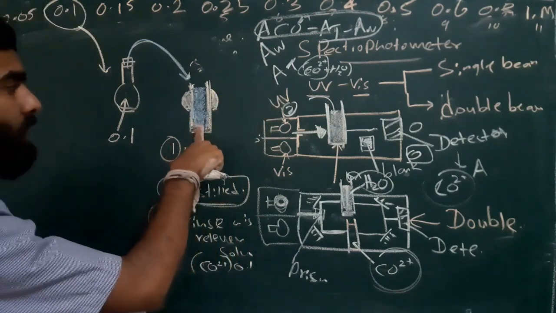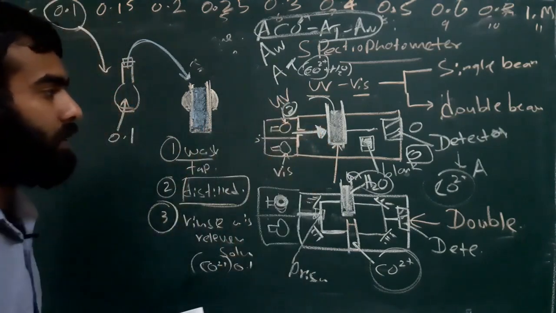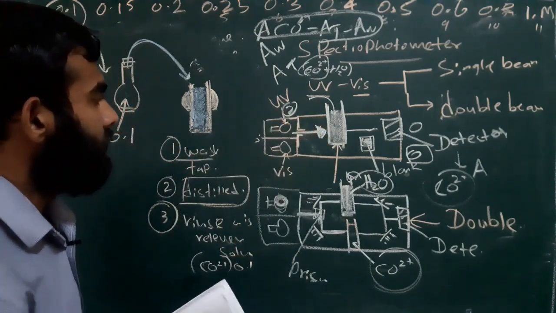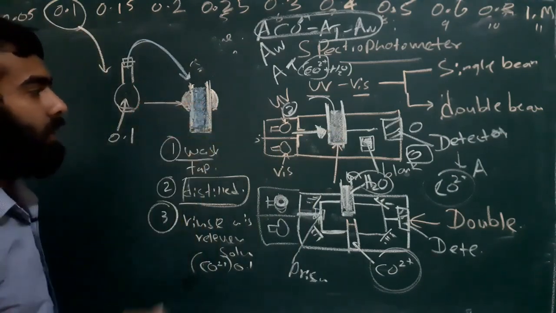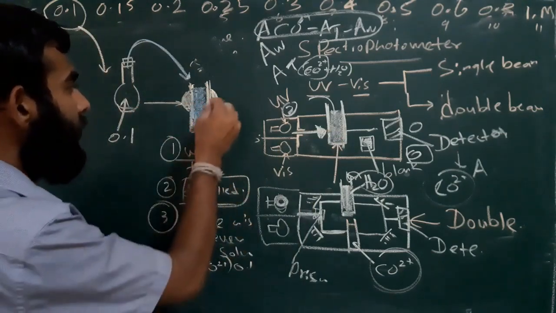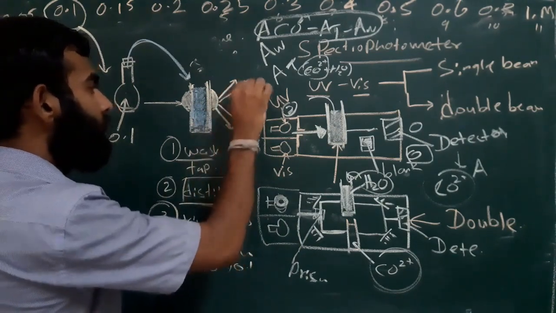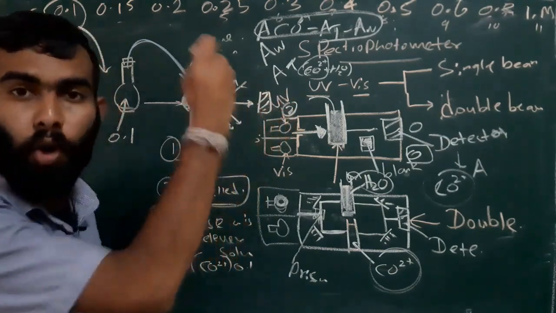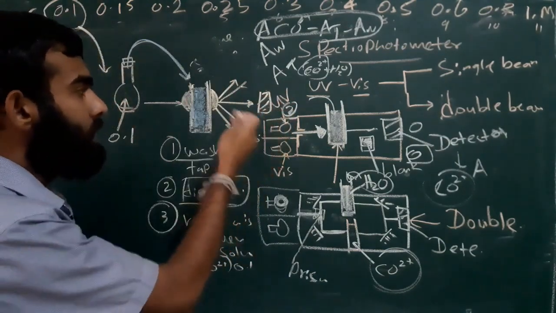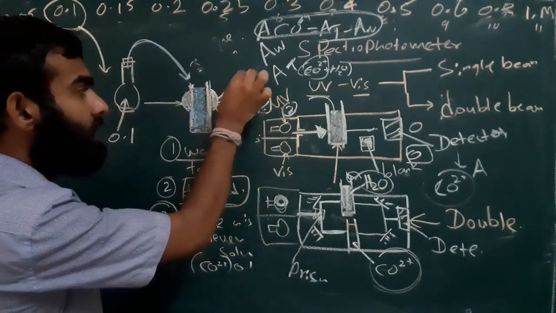When we introduce this cell into this spectrophotometer, the incident light will go through this water bubble, water particle, and light will scatter like this. So the reading will be an error. We will get a lower reading, but the actual reading will be higher. Light will not come to the detector because of this scattering.